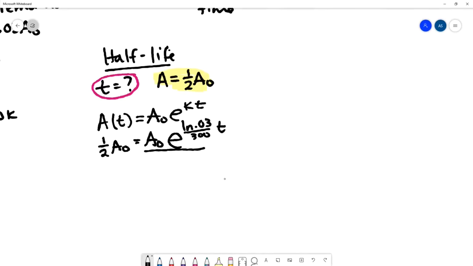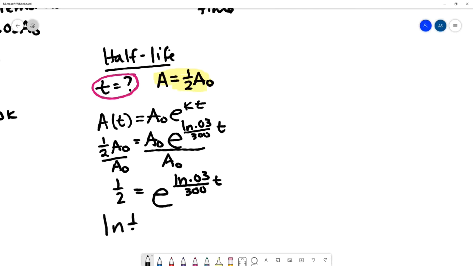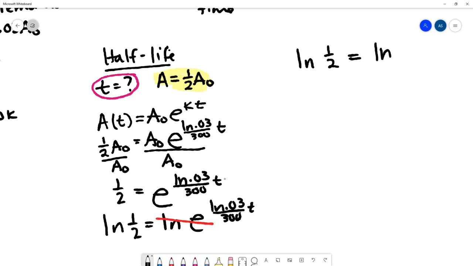So we're going to divide both sides by A naught to get 1/2 equals e to the natural log 0.03 over 300 t. I'm going to take the natural log of both sides. The natural log and the e cancel each other out. So we have natural log of 1/2 equals natural log 0.03 over 300 t.